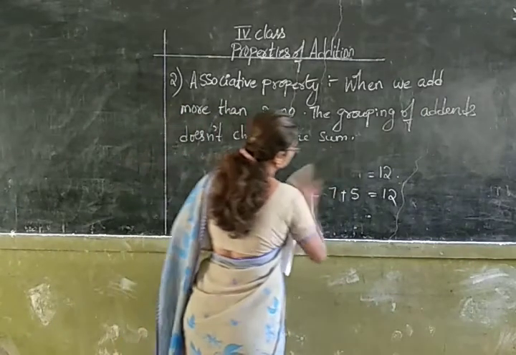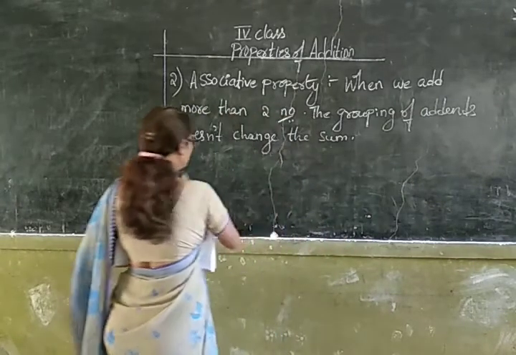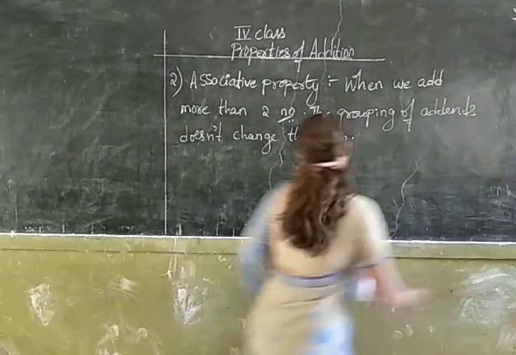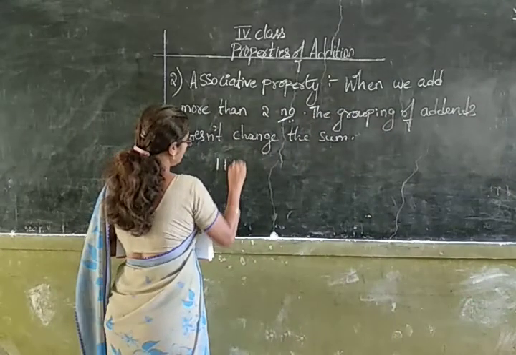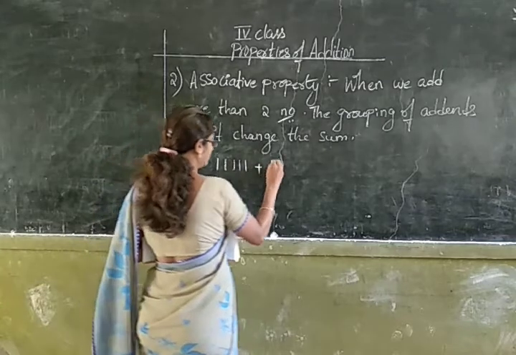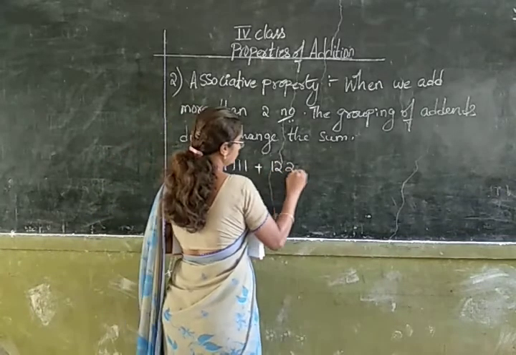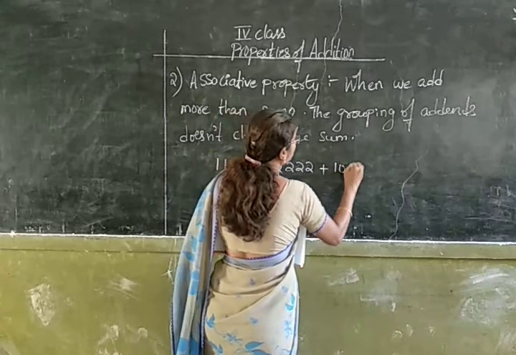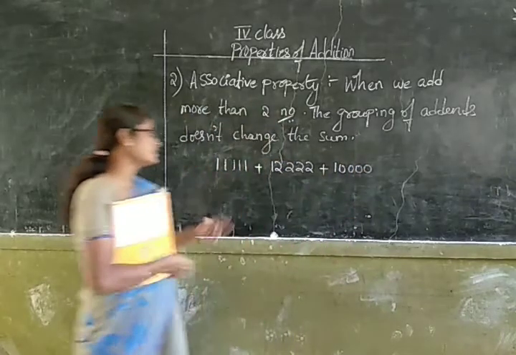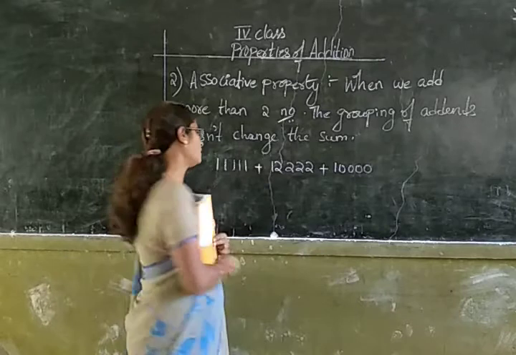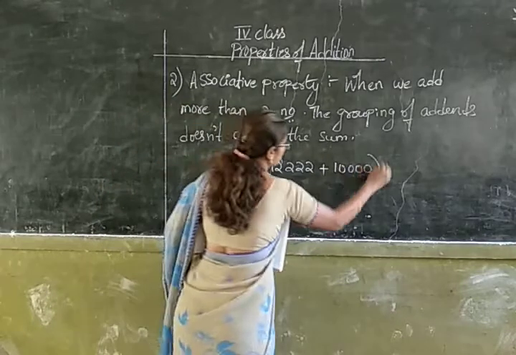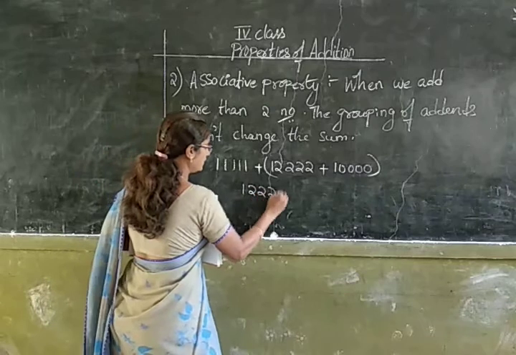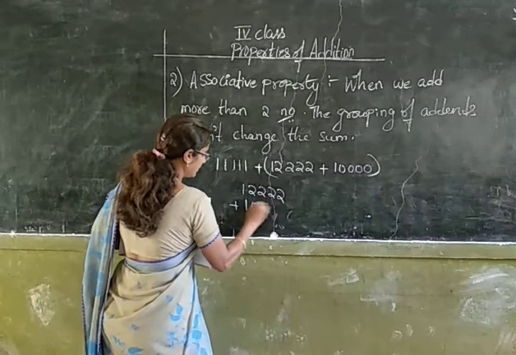Now let us do the same sum for bigger numbers. Let us take 11,111, 12,222 and 10,000. Let us check the rule for these numbers. First, 12,222 plus 10,000.